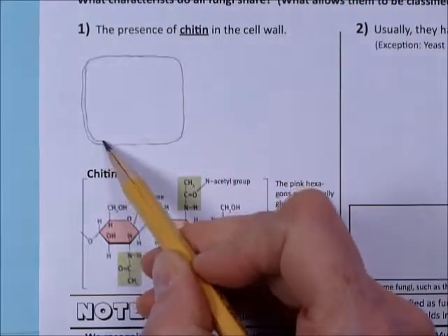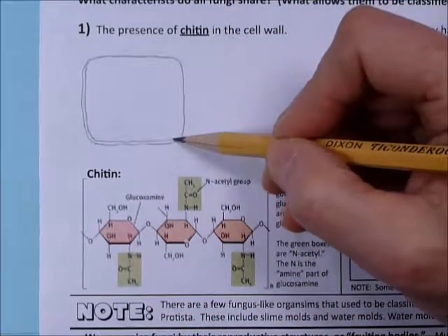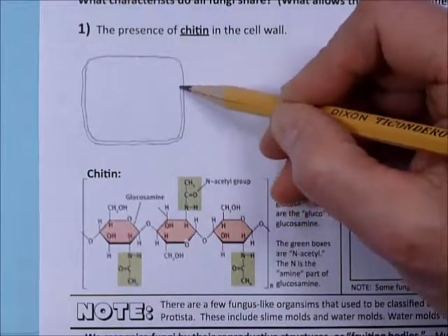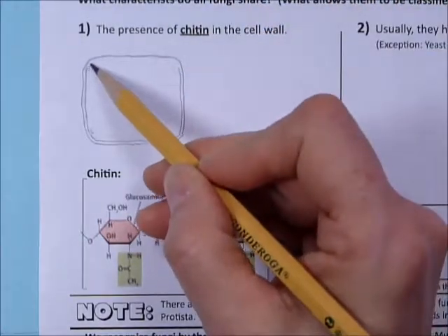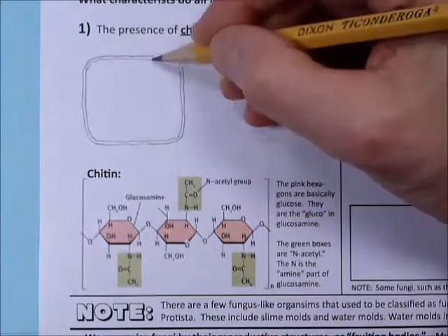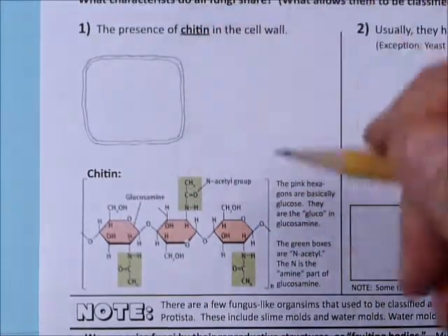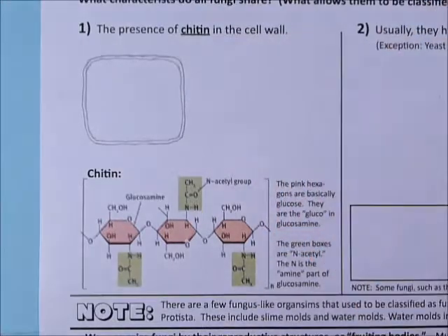So this inner line is actually going to represent the membrane. All cells have a membrane. All of your cells have it, plant cells, everything has a membrane. Okay. And we'll look more at the cell wall in just a minute.